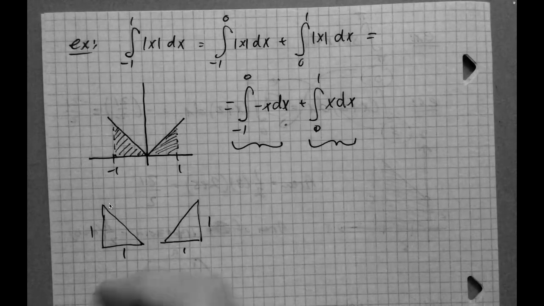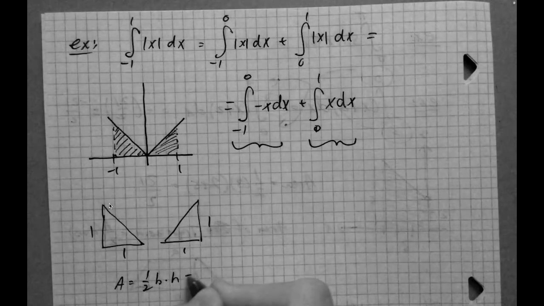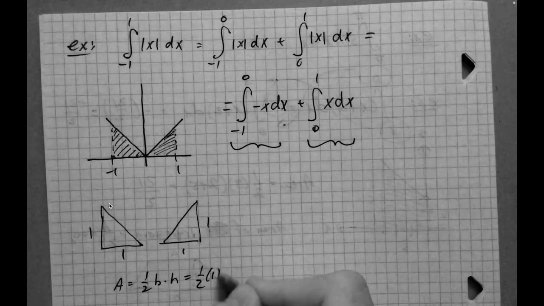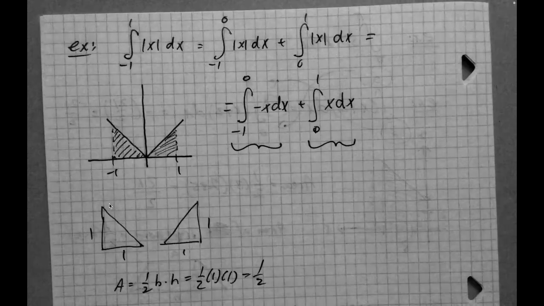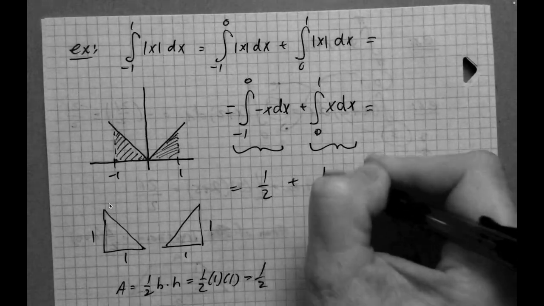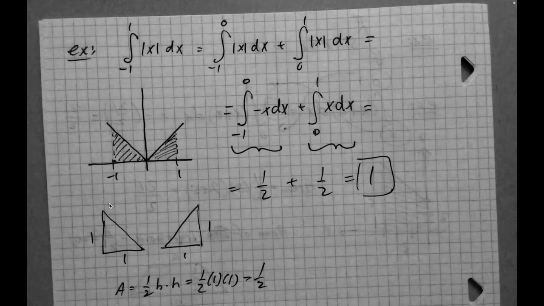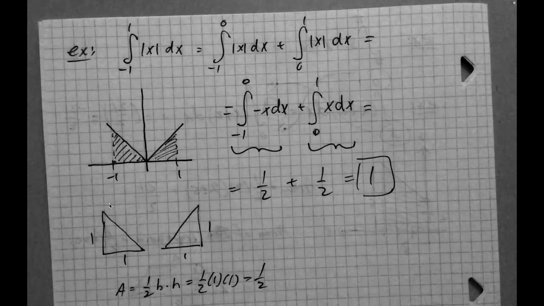So what's the area of these? Well, each of them is going to be 1/2 base times height. So 1/2 of 1 times 1, so 1/2. So this is just equal to 1/2 plus 1/2, i.e. 1.